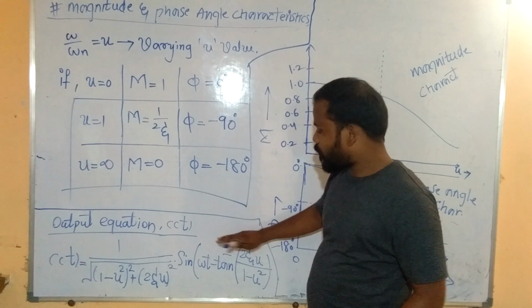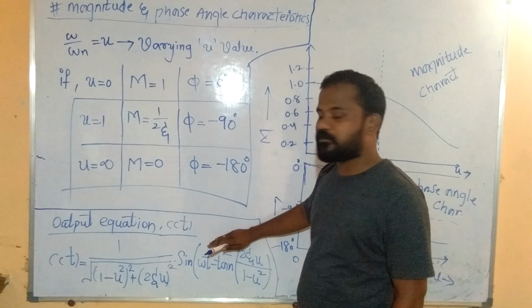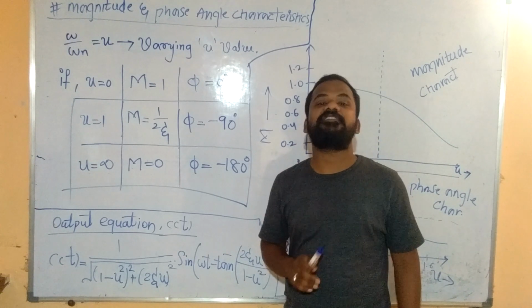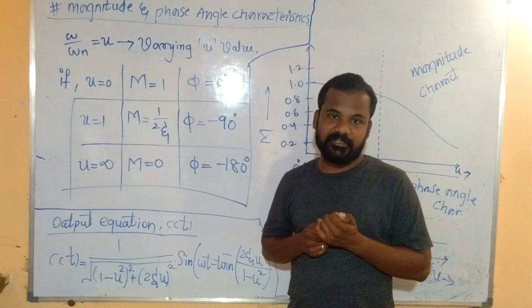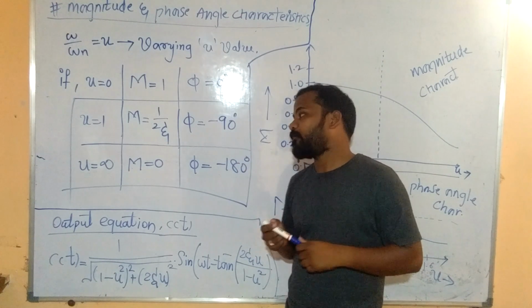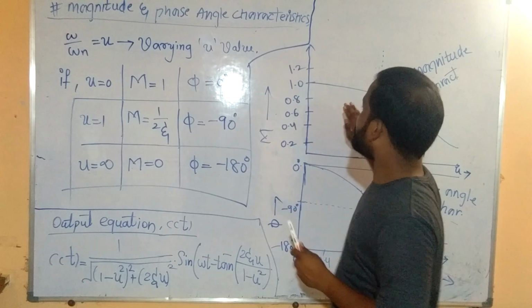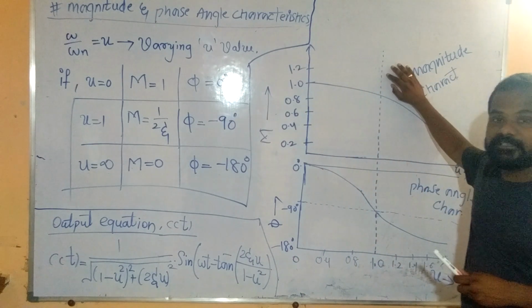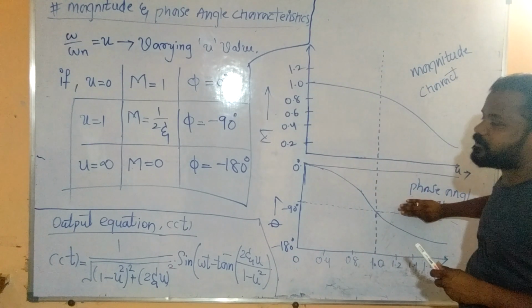With the help of this output equation I am going to draw the frequency characteristics in the frequency analysis: how to draw the magnitude characteristics and the phase angle characteristics.